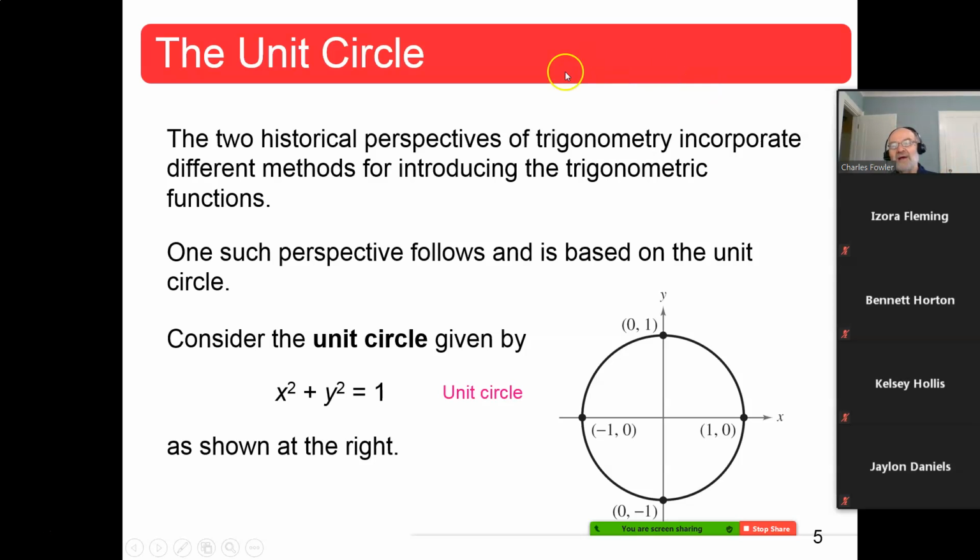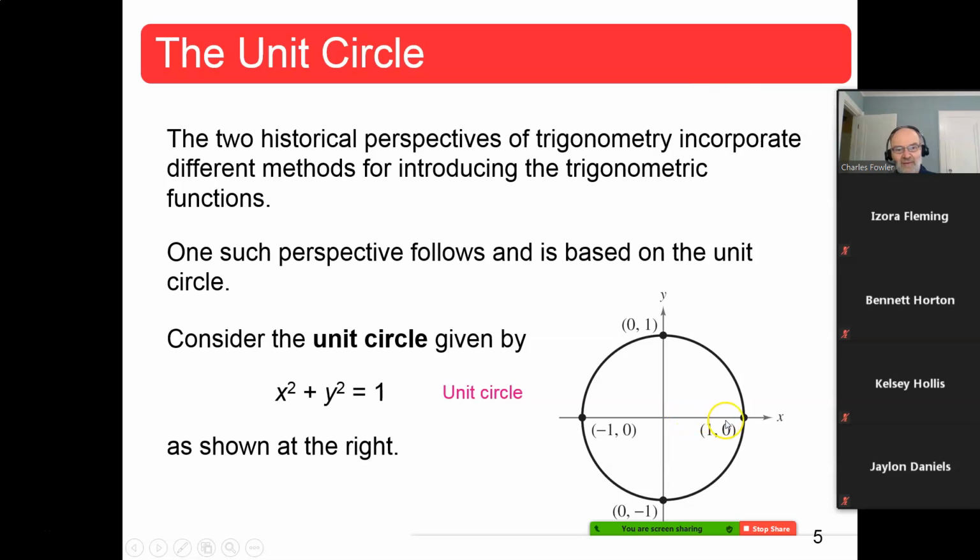Well, here's the unit circle right here. Okay, consider the unit circle given by this. Now what makes it a unit circle? Its radius is always 1. There's where the unit comes into play. Not just a circle of radius 1, but whose center is the origin.